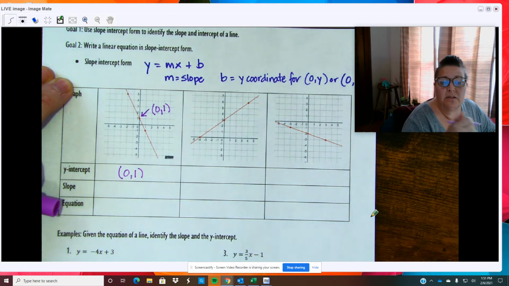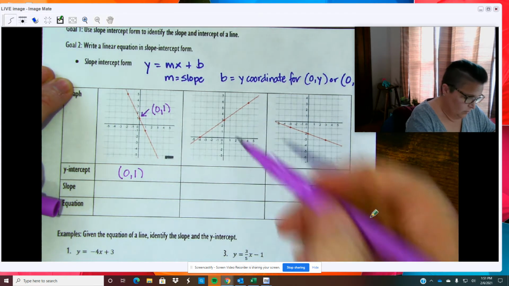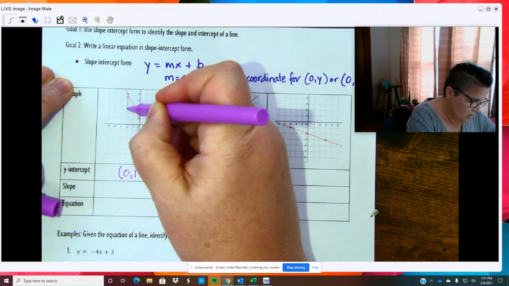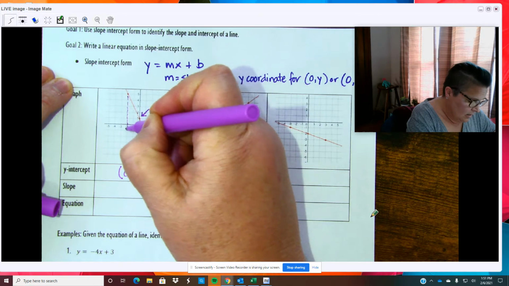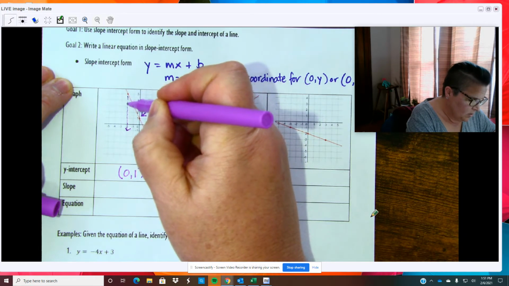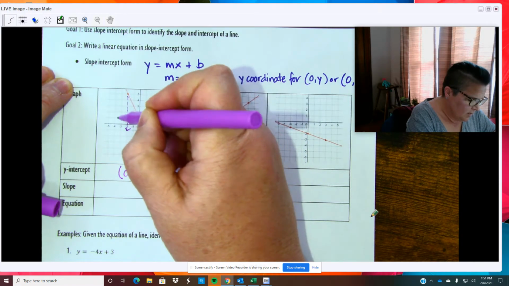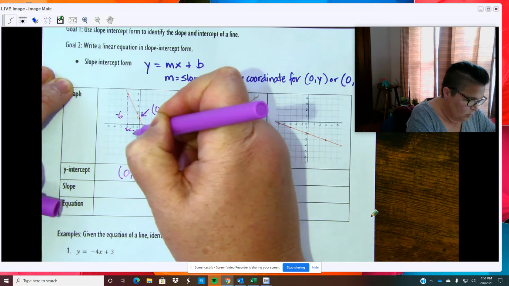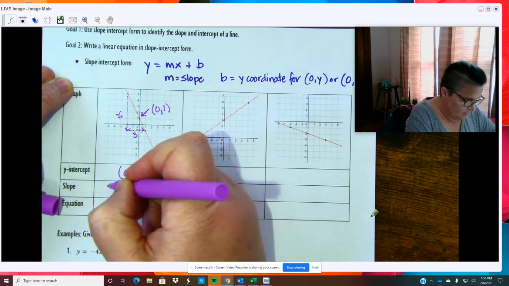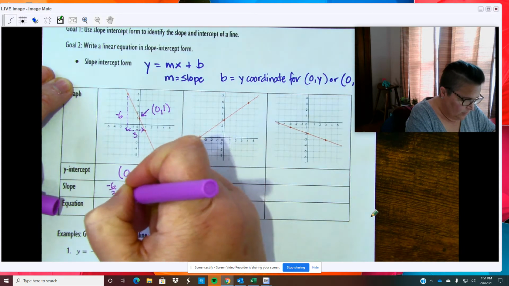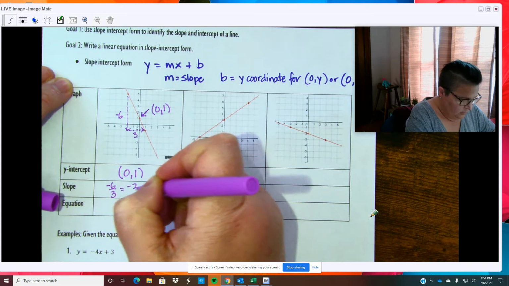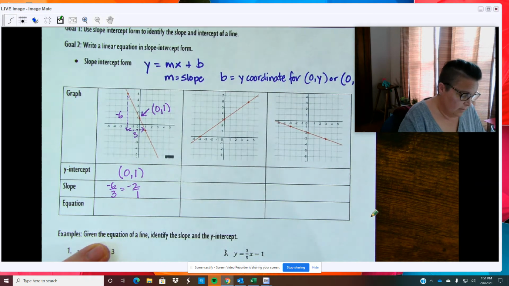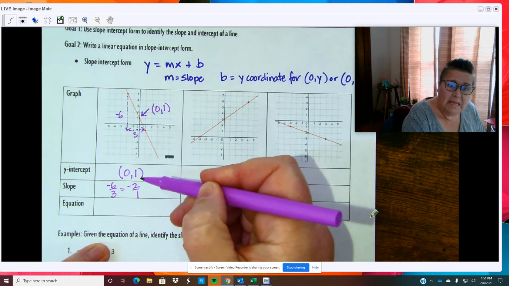The slope, or the way the line moves, is the comparison of its fall. So we go down 1, 2, 3, 4, 5. So we went down 6, and then we went over 3. So that slope is a negative 6 over 3, which is a negative 2 over 1. This tells me where the b is.